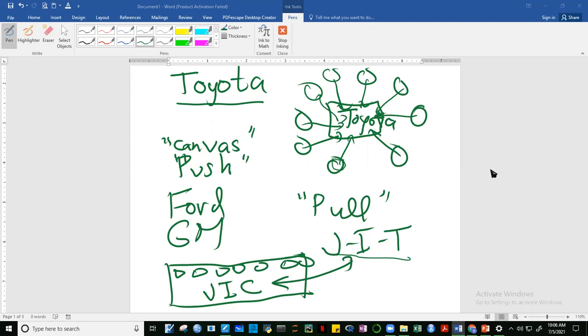Paano sila makakapag-compete kay Toyota na halos walang warehouse? Kasi, ang ginawa ni Toyota, pull system. Sige, as we grow, you grow with us. Okay, so yung mga suppliers niya, malapit sa kanila. So there was this good relationship between the suppliers and the firm, which is Toyota. Okay, very interesting guys, no?